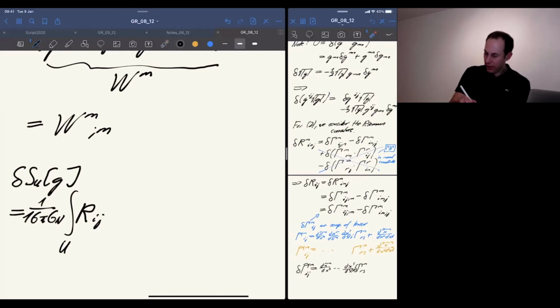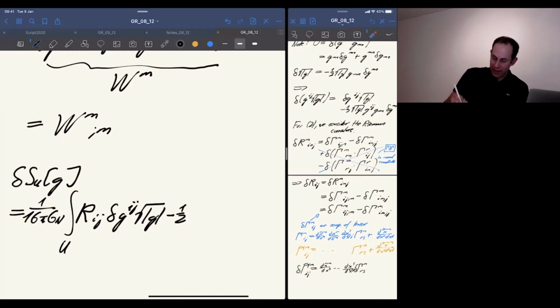I get a delta G^ij, and then the square root of the determinant of the metric. And then I write the second term separately, minus 1/2. I put the R_ij again from before. I don't want to take it out of the bracket. And then I also have the G_ij. So up to this point, I just took the terms that are before the derivative.